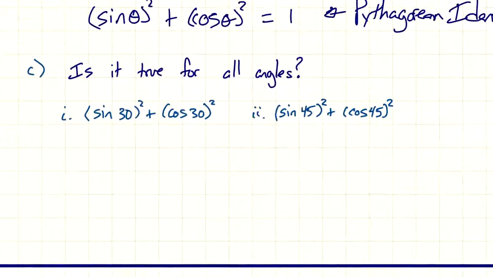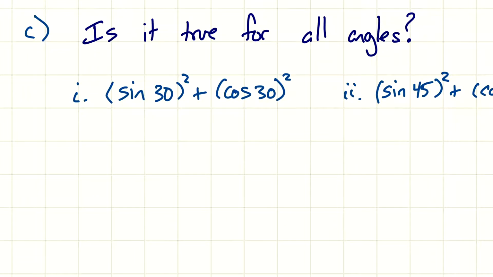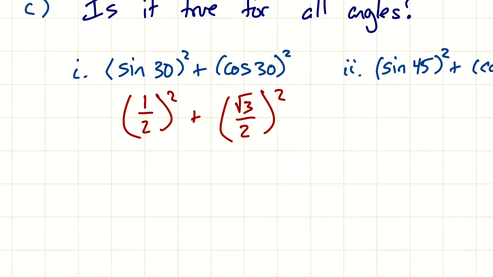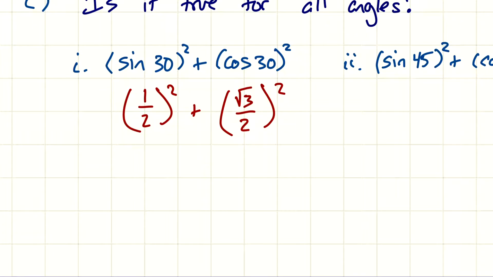So sine of 30 is really 1/2, so that's going to be 1/2 squared, because there's still a square there. And square root of 3 over 2 was cosine of 30, and there's still a square there. Let's simplify this and see what it comes out to. 1/2 squared is 1 over 4, because 2 squared is 4.